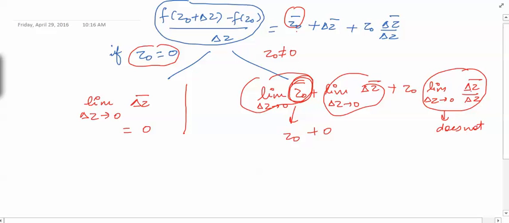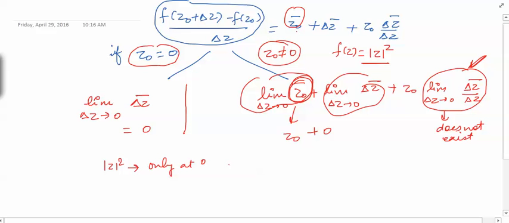We proved it in the last example, that z bar is non-differentiable; there we proved that this limit does not exist, right? It means that whenever z naught is non-zero, the function f of z equal to modulus of z square is not differentiable. It means that this function is differentiable only at 0, and elsewhere it is non-differentiable, right?